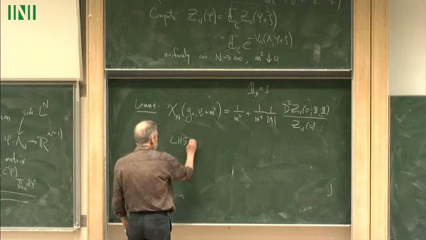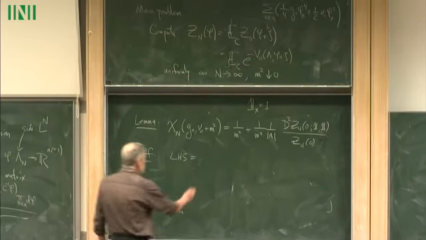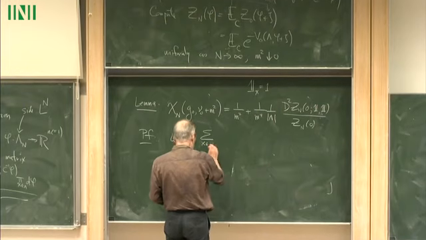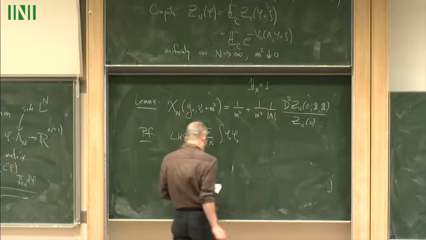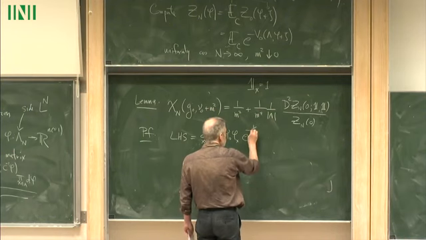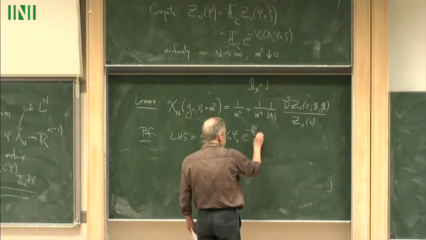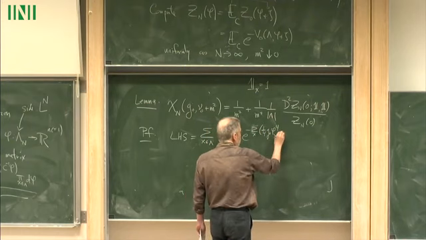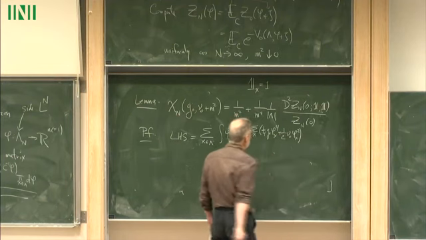What is the left-hand side? By definition, it's just the sum over x in lambda of the integral of phi 0 phi x e to the minus the sum over x in lambda of 1/4 g0 phi x to the fourth plus 1/2 nu 0 phi x squared.